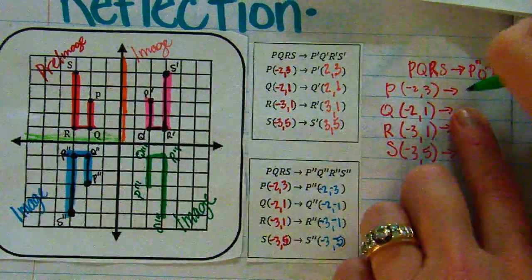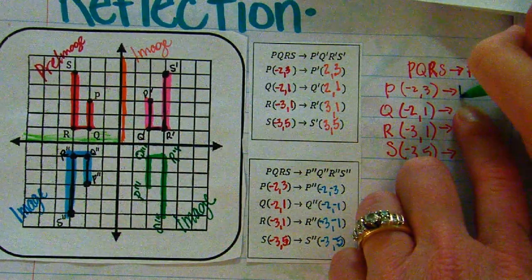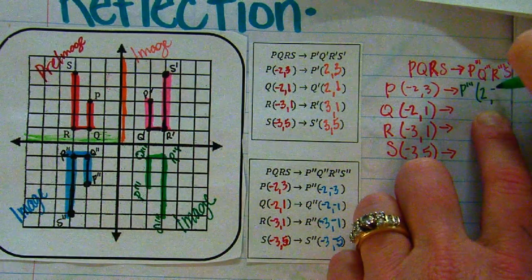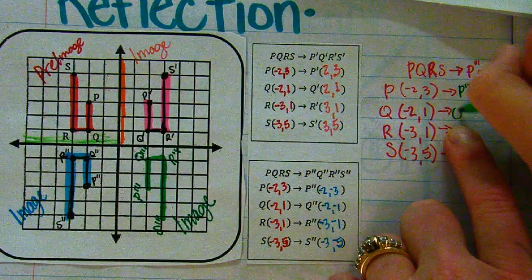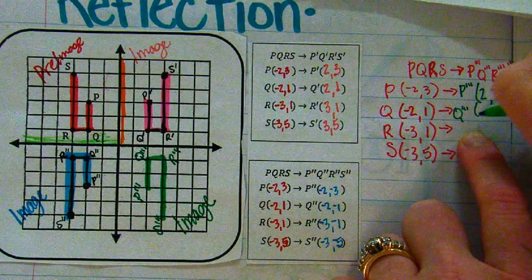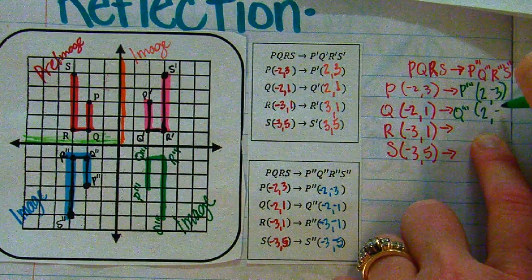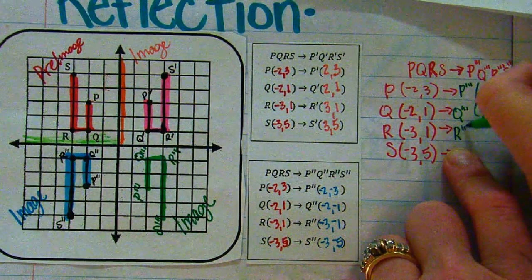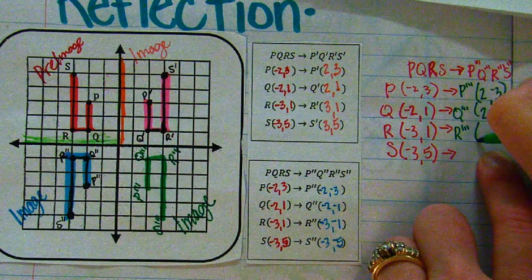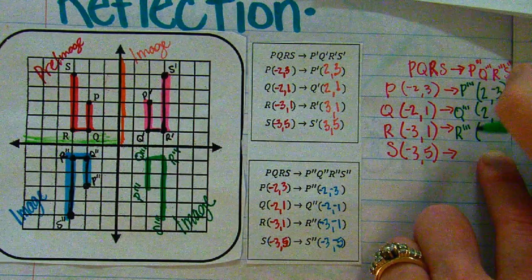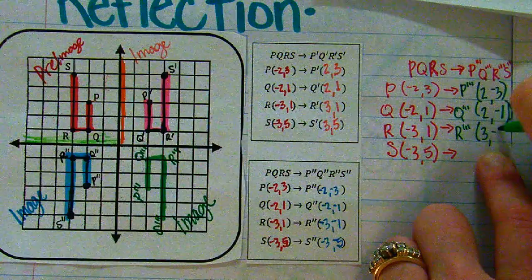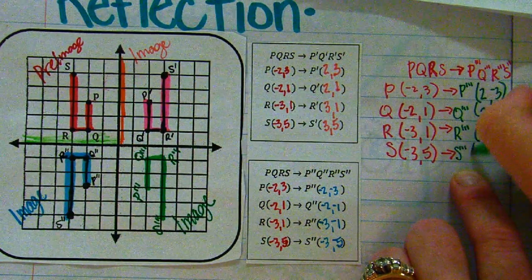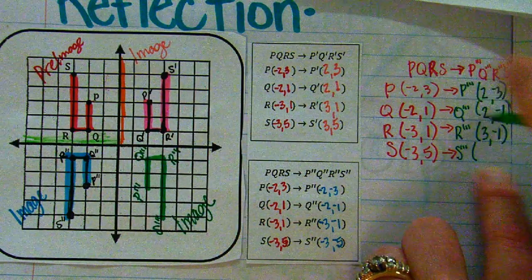So P triple prime is 2, -3. Q triple prime is 2, -1. R triple prime is 3, -1. Then S triple prime is 3, -5.